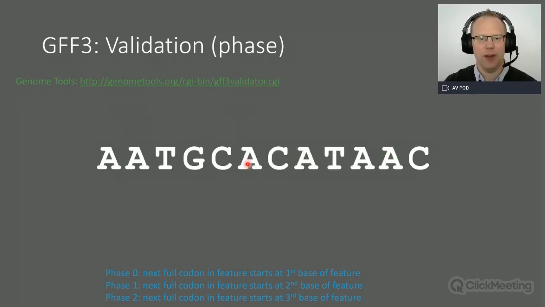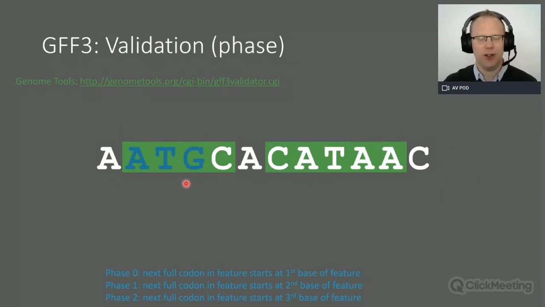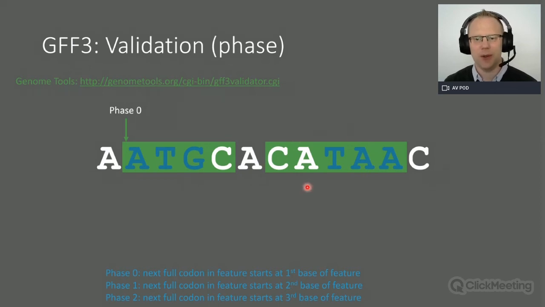However, that doesn't have to be the case, because if you have coding sequence features that look like this, and in this first coding sequence, the first codon starts at base 1 in that coding sequence, and so it gets a phase 0. And in the second coding sequence feature, the actual first full codon starts at this third base, because once you splice out this intron here, we have another codon CCA in the middle of the coding sequence.